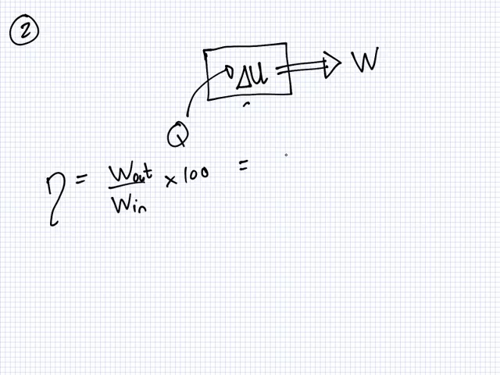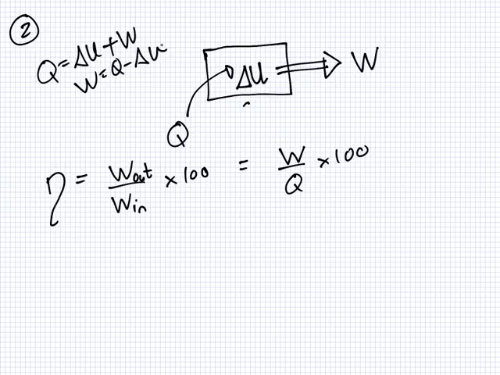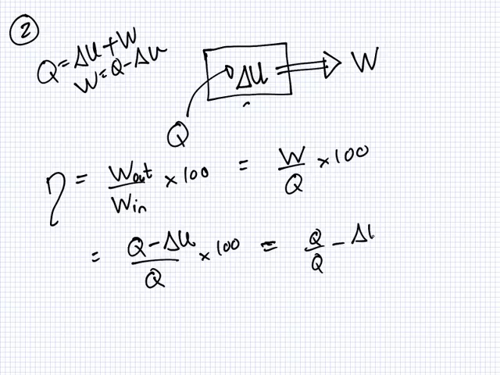So the work you get out is W, and the work you put in is Q. But we also have the formula that Q equals delta U plus W, so W equals Q minus delta U. So this is Q minus delta U over Q, so it's Q over Q minus delta U over Q, times 100.